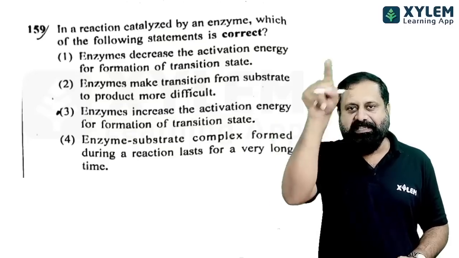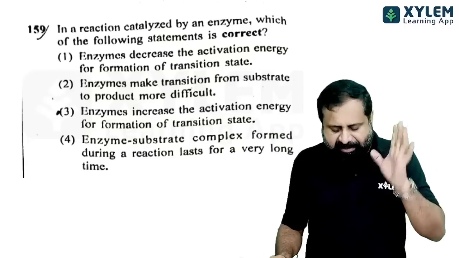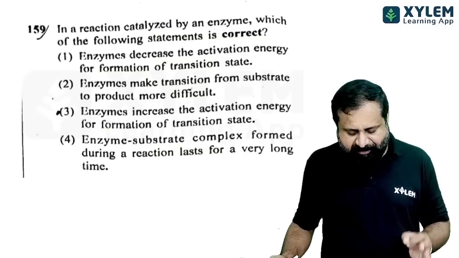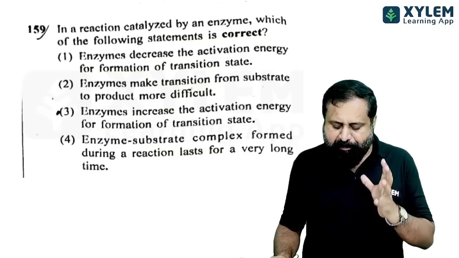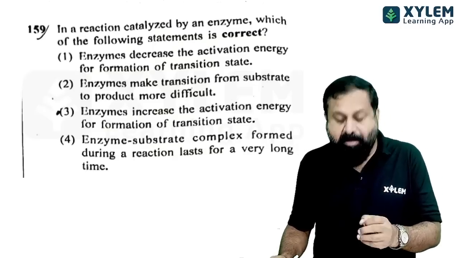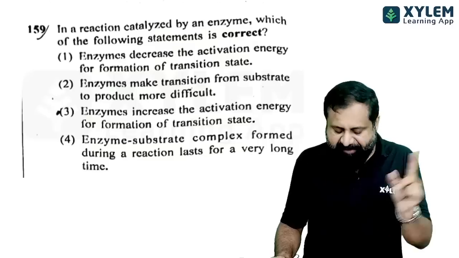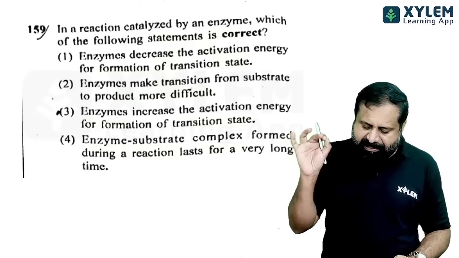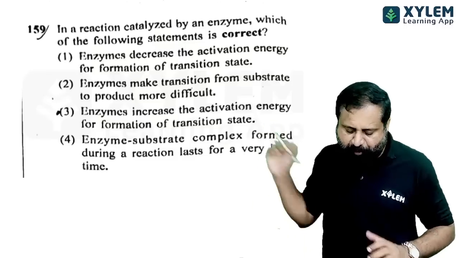Given in a graph, you can see a graph there in your textbook. It is a correct statement. Statement 1 is correct. Just to see statement 2. Enzymes make transition from substrate to product more difficult. No. It is easier, not more difficult. Enzymes increase activation energy. False. It decreases activation energy.